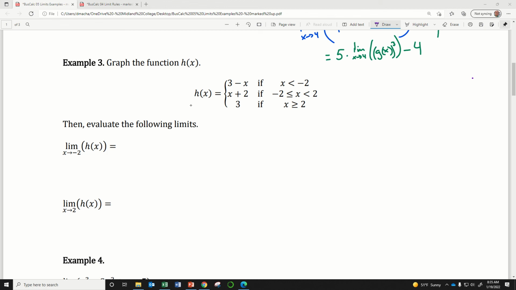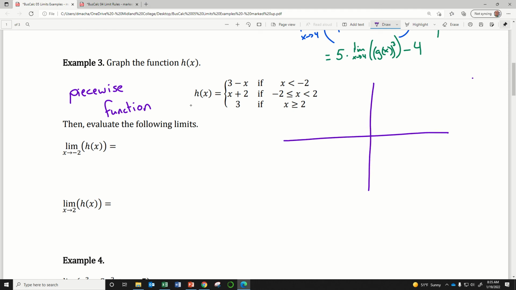So example 3 says, graph the function h of x. And this is an important example because h of x is what we call a piecewise function. And I call it a piecewise function because the function h of x comes to us in 3 pieces. Basically, if I were to plot this on an xy plane, so this is my x-axis, and this axis represents the output of that function.